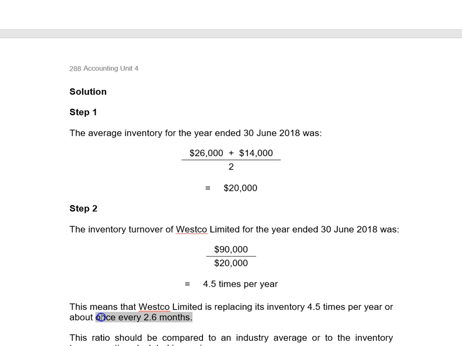How do I get once every 2.6 months? If you want to convert the inventory turnover ratio into months rather than times, then you can take 12, which represents 12 months, divided by 4.5 times. You get once every 2.6 months. But most of the time, questions would only require you to calculate inventory turnover in times.